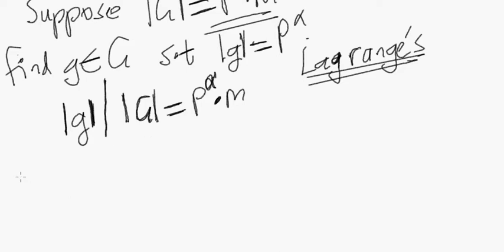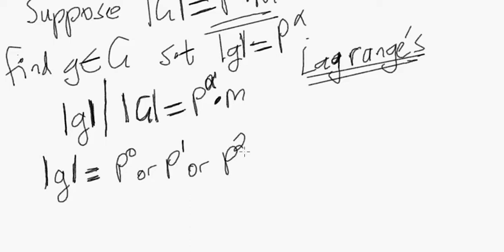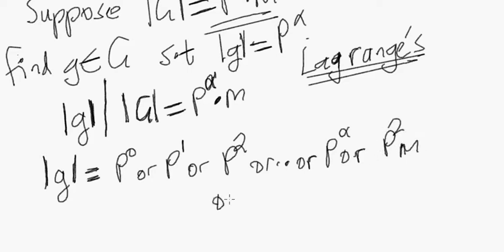The only thing we seem to be able to gain from here is that the order of little g equals p to the 0, or p to the 1, or p to the 2, or dot dot dot, all the way up to p to the alpha, or mixtures of powers, right? So couldn't we have, let's say, p to the 2 times m, or maybe p to the j times some factor of m, let's say some k, where k divides m.